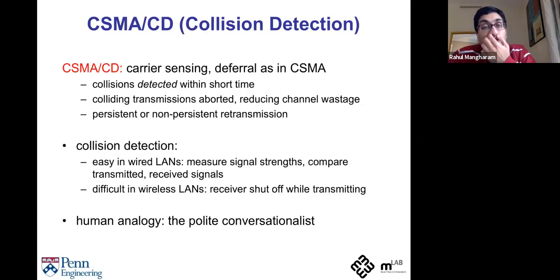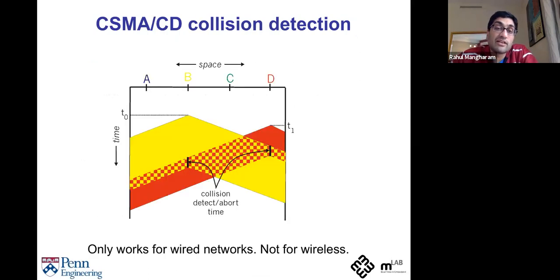So in wired networks, you could do something called carrier sense collision detect. I'll show you that pictorially over here. It's just saying that when B transmits and D transmits shortly after, and D is unaware that B is transmitting because the message hasn't reached D yet, then as soon as D detects a transmission collision over here, it aborts its transmission right away in the middle of the packet.